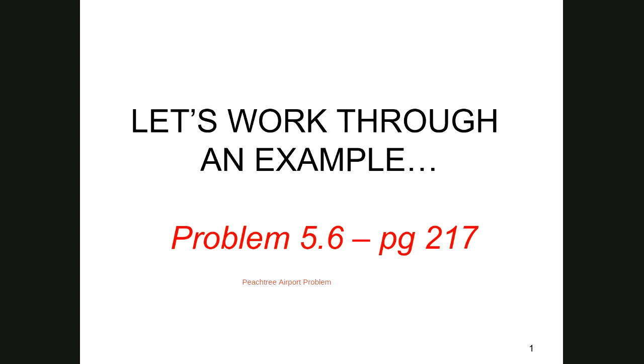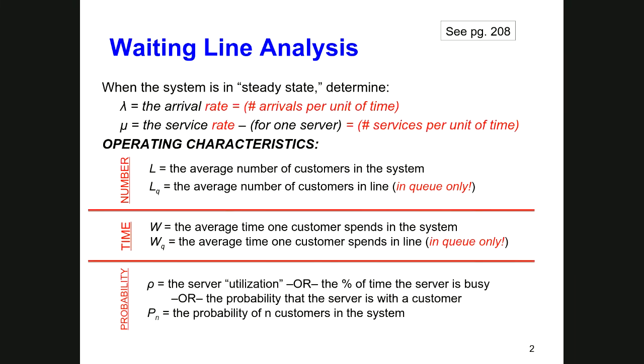And the question is, determine the average number of planes that will stack up waiting to land. For each one of these types of problems, you need to ask yourself, which operating characteristic do I need to select to answer the question? Let me read it again.